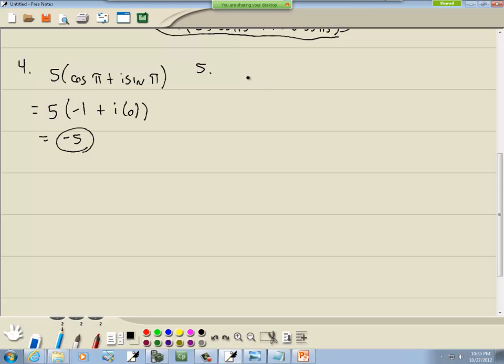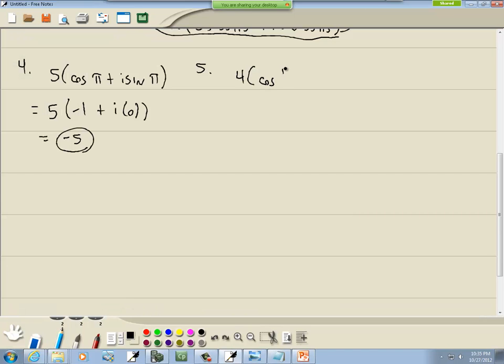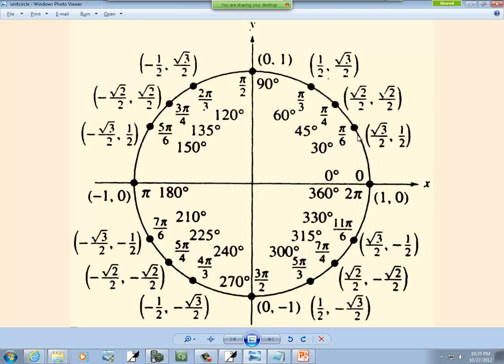Let's take a look at this one. We got 4 cosine of pi over 6 plus i sine pi over 6. Now, cosine of pi over 6 is equal to square root of 3 over 2, plus i sine of pi over 6 is 1/2. Pi over 6 is right here.